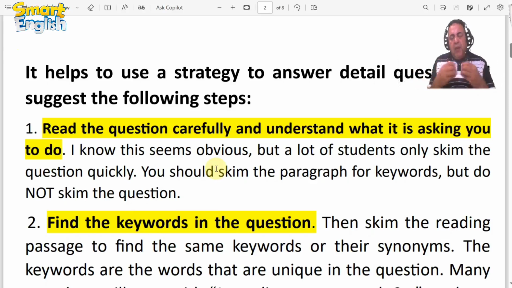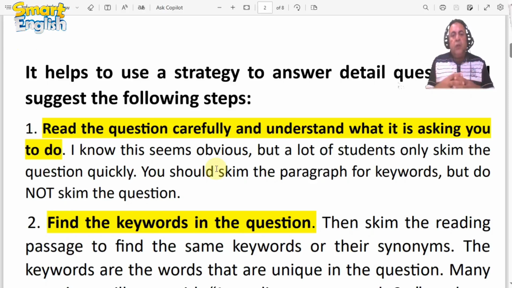So many students do not pay attention to the question itself, just skim the question without details, without any focusing, without any concentration on what the grader and the tester want you to answer, okay? So please focus on the meaning of the question itself.